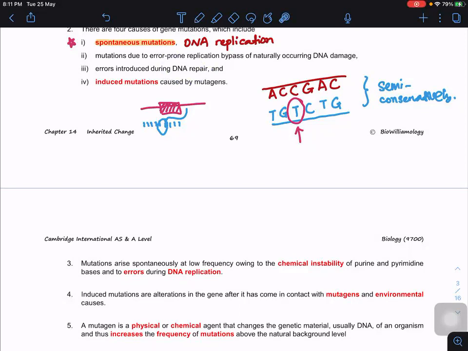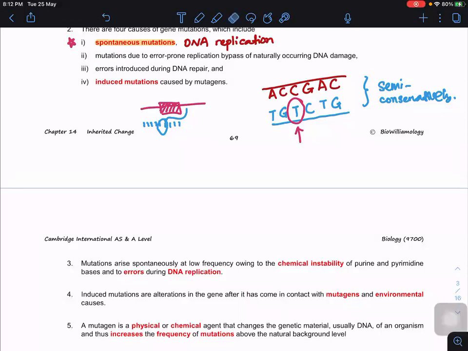So just now we said, what happens if we do have this kind of mutation? At a low rate of mutation, our body still has the mechanism to do DNA repair. Okay, we still can repair our DNA. But the problem here is, if an error is introduced during the DNA repair, then we have a problem.